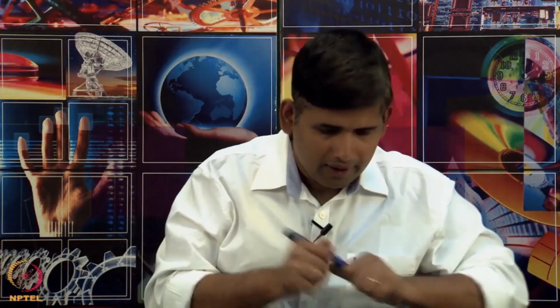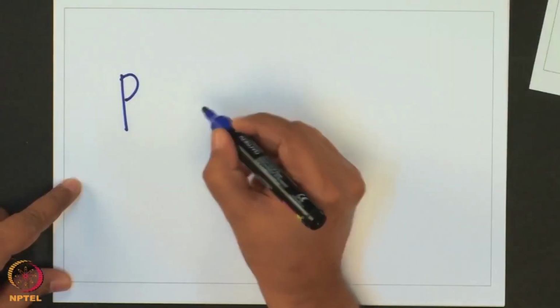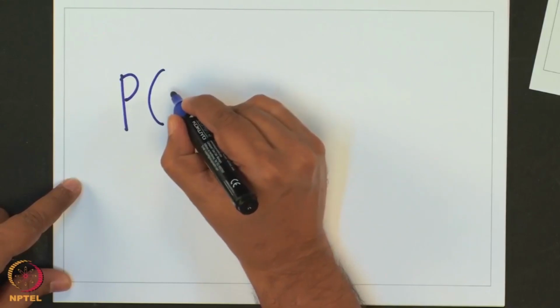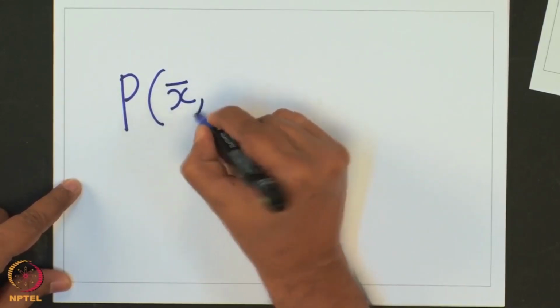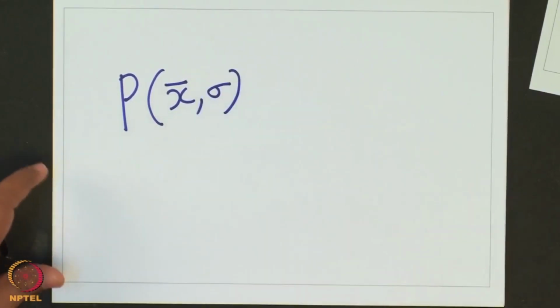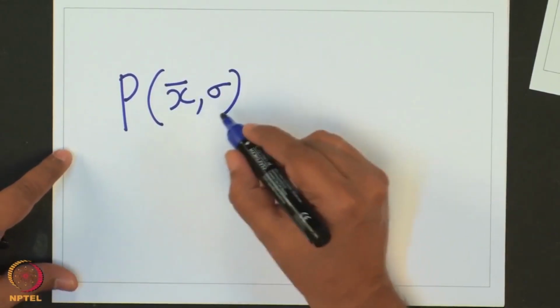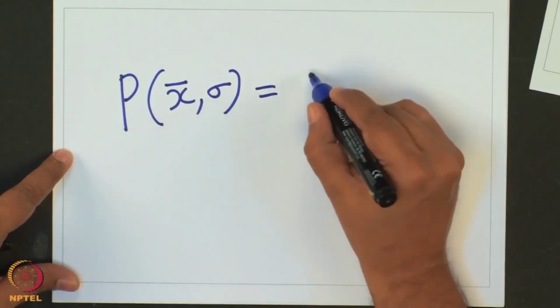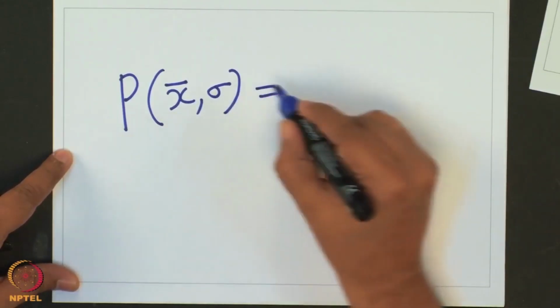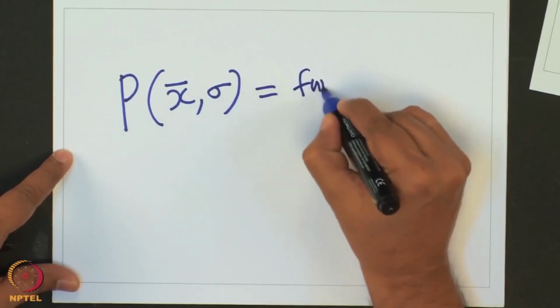As we know, this probability distribution is a function of two parameters. One is x bar and one is sigma. Only two parameters you have to know. If I specify these parameters, I can get a distribution, some function.